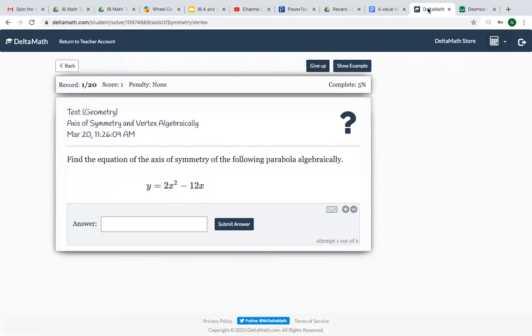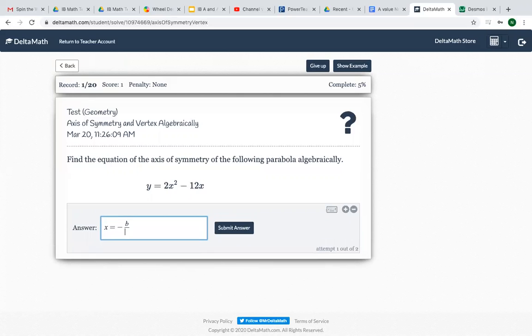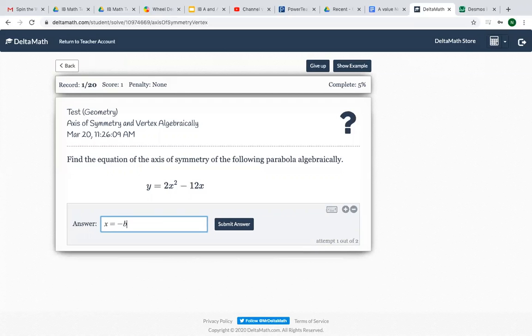For this one, though, if we were to do it algebraically, the equation you use is x equals negative b divided by 2a. So our b in this case is 0 divided by 4. 0 divided by 4 is just 0. So our equation would be x equals 0.